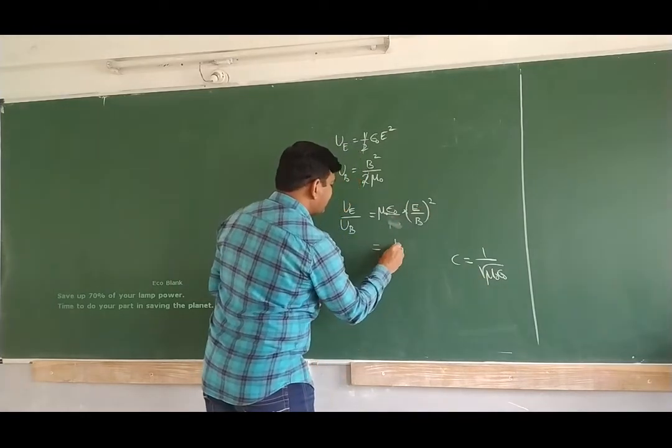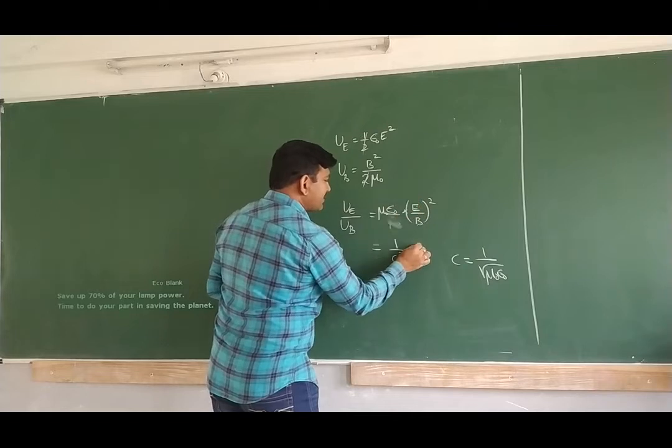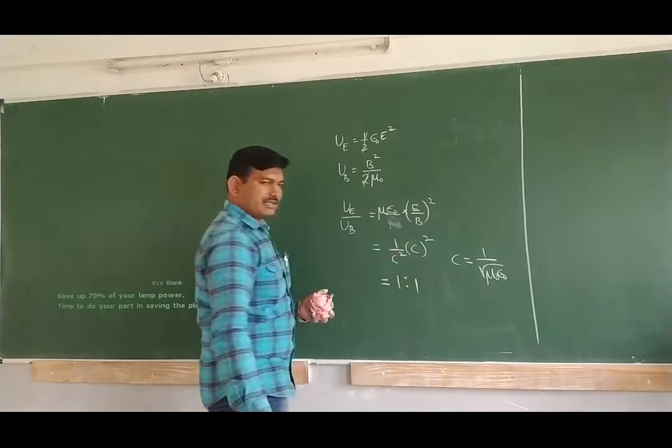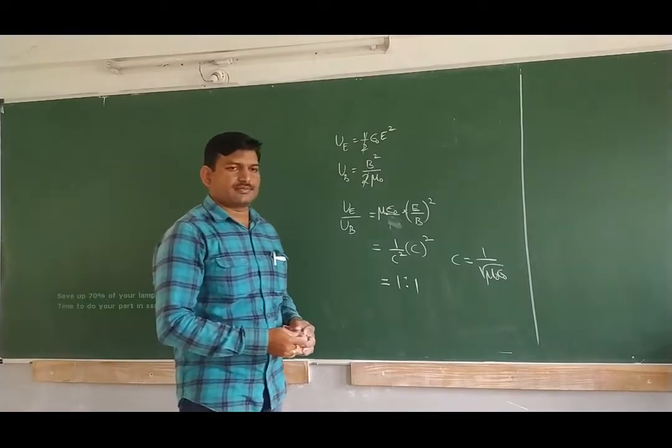And E by B is nothing but C. So what is the answer now? 1:1 is the answer. It is a good question.